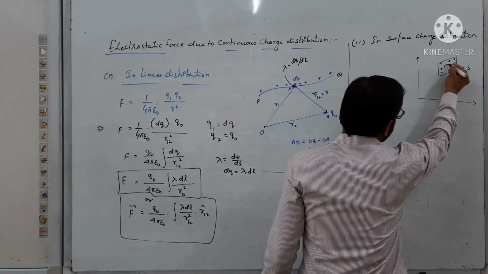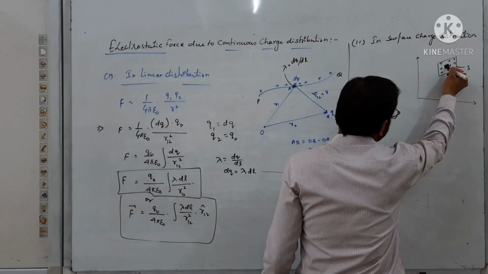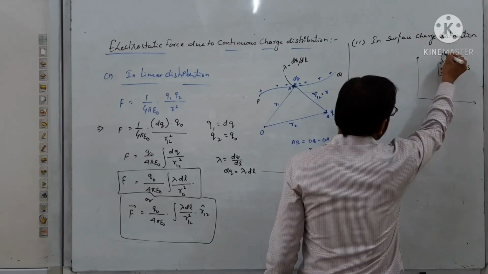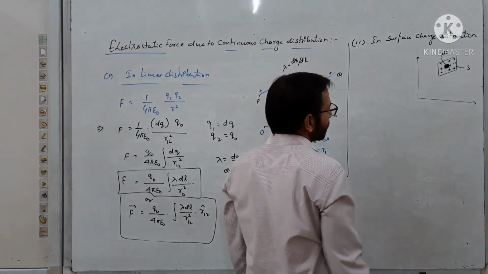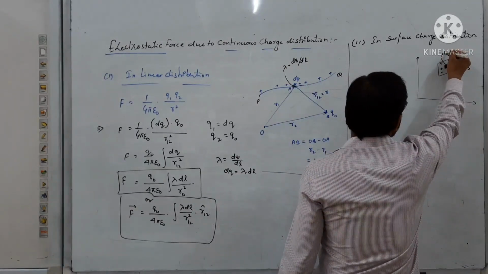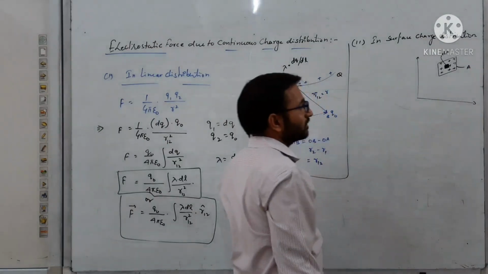In this plate, let us suppose this is an elementary surface having surface area ds or dA, whatever you want. If you want to write dA you can, and if you write A, you can.